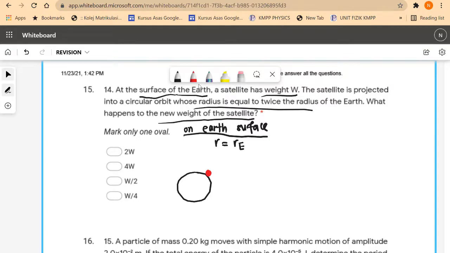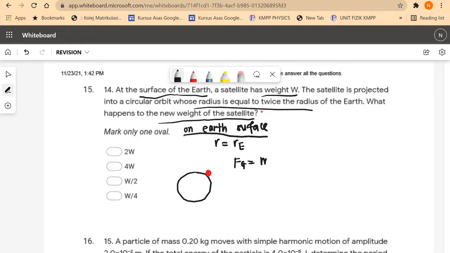Fg equals mass times acceleration due to gravity, where Fg is G mass of satellite, mass of Earth, over R squared, where R is the radius of Earth.